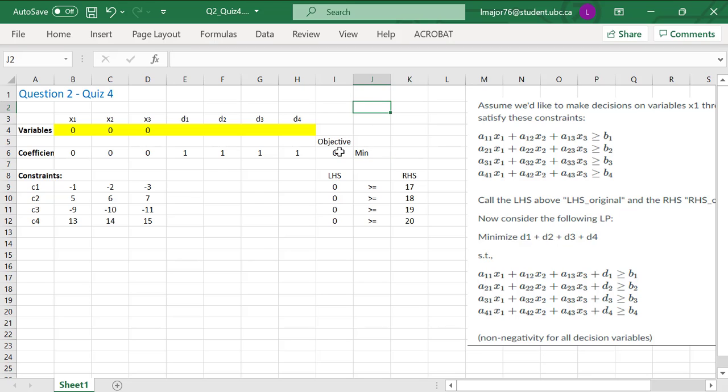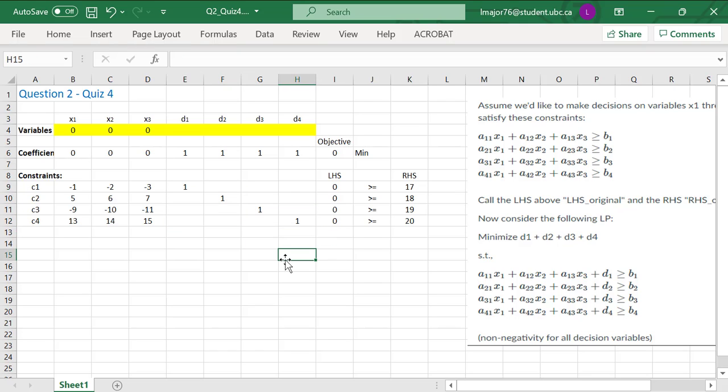It does matter. Good. Okay, we can copy this formula down now the left-hand sides, and what we're going to introduce is one of the D1s in this equation, one of the D2s in this equation, one of the D3s in this equation, and one of the D4s in this equation. And these are kind of our buffers.